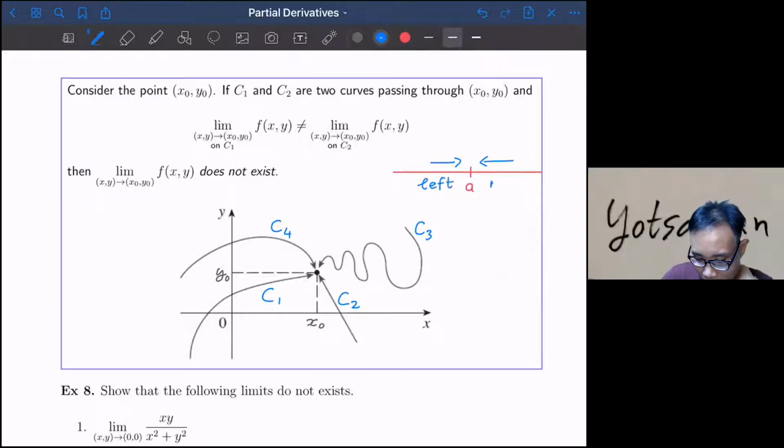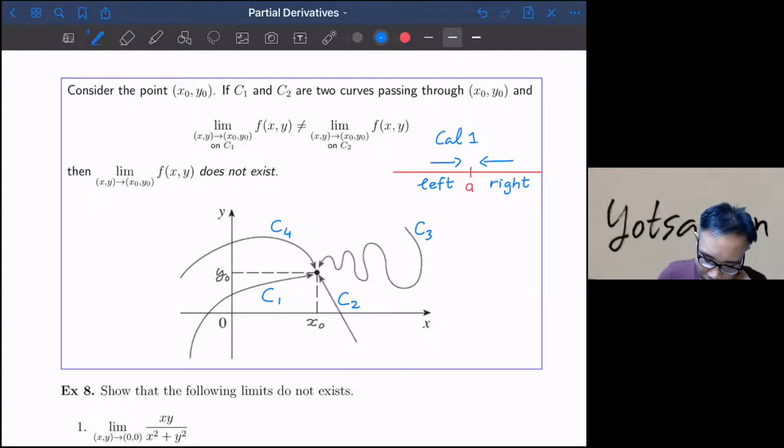So you have x go to a from the left, and you have x go to a from the right. This one is calculus 1.